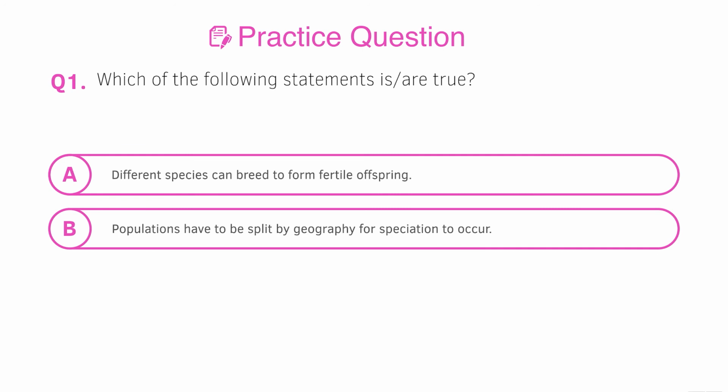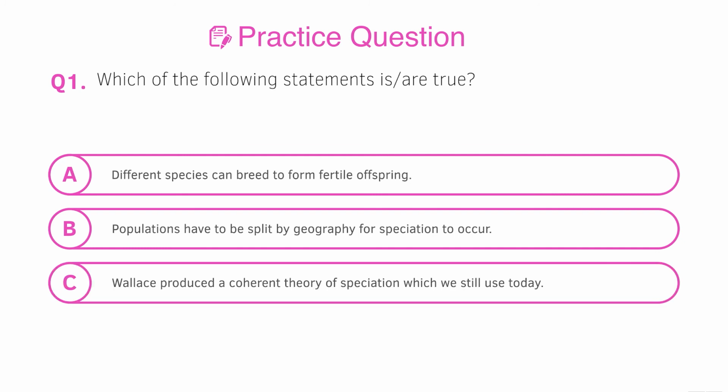This is also false. Geography is an example of how populations can be split, but there can be other interventions that can also cause populations to be split. So, for example, maybe if a certain individual from a population is introduced into a new area by humans.